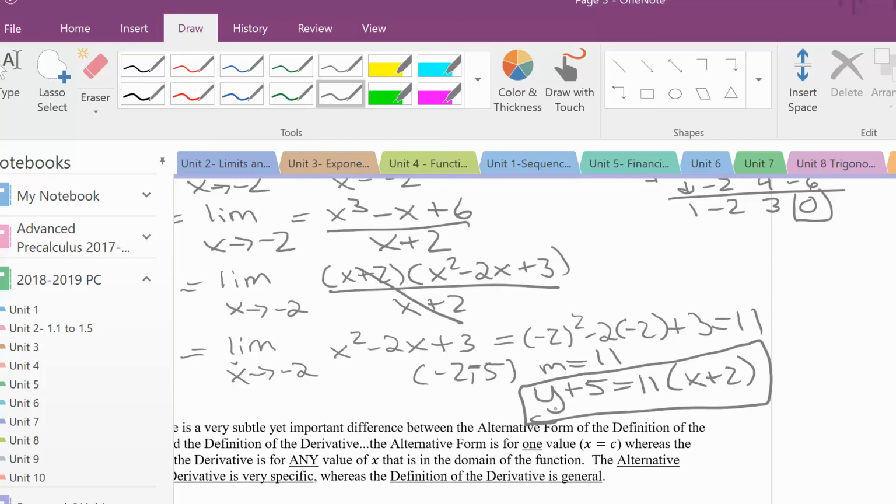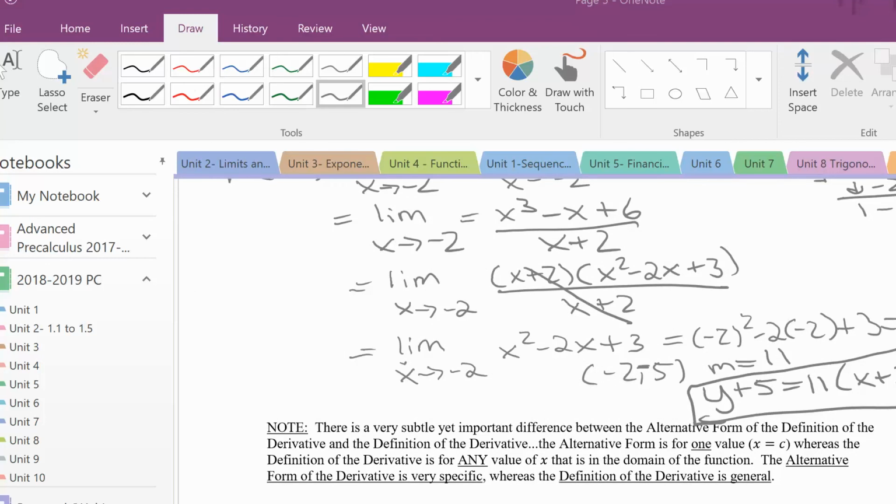So that works when I'm only dealing with one point. So as noted at the bottom, the alternative form is used when you have one value, whereas the definition of derivative is when you're coming up with an equation for the slope of the function. All right, go ahead and try the next two examples, and then I'll show you the answers.